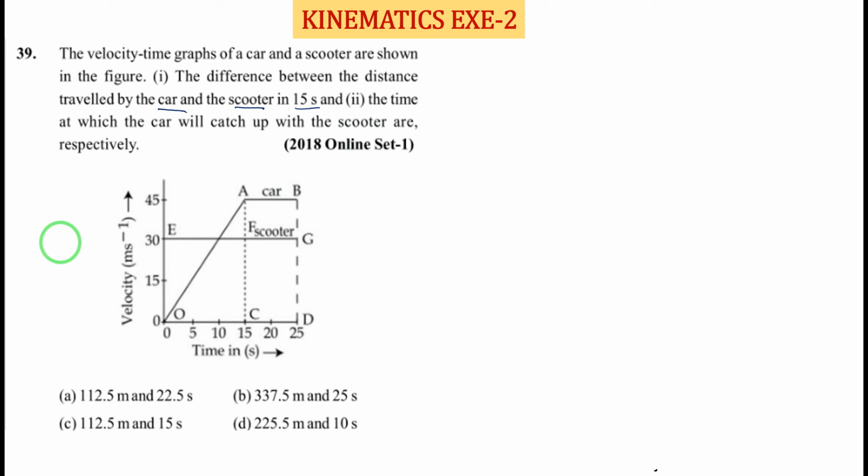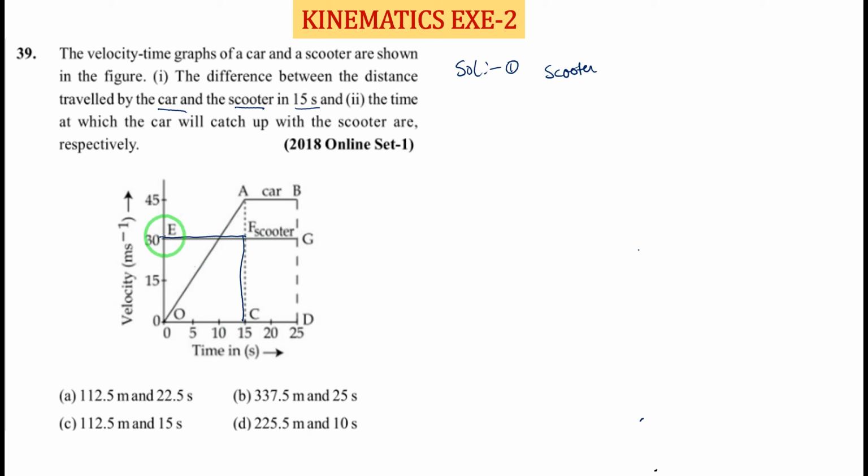Okay. Now to start with point number 1. In 15 seconds, what we have to do? We have to find the area which will be the distance on the VT graph, right? So for car, for scooter, how much is the area in 15 seconds?